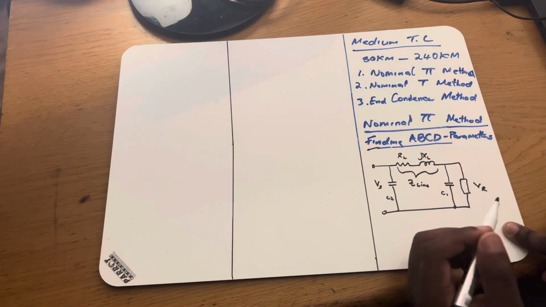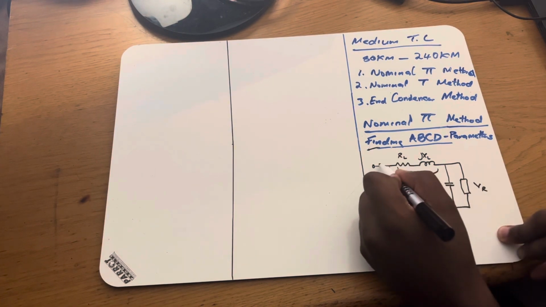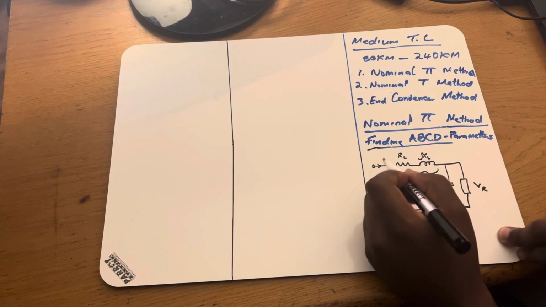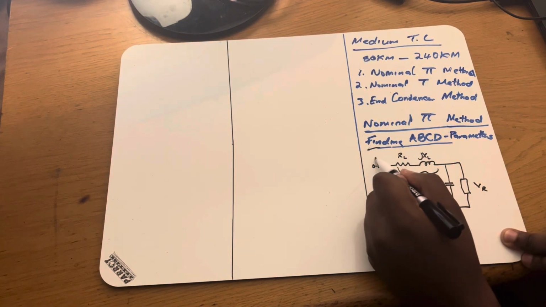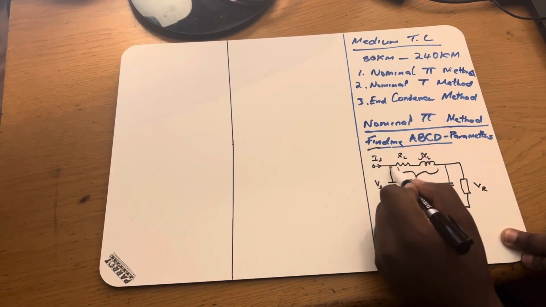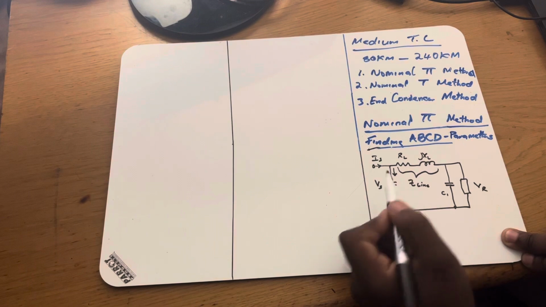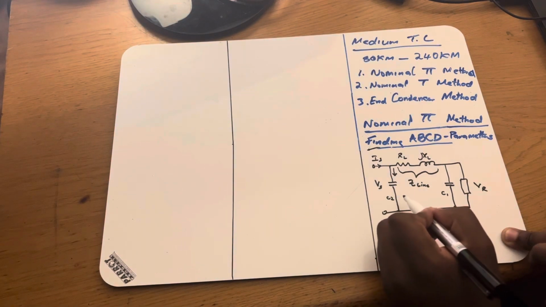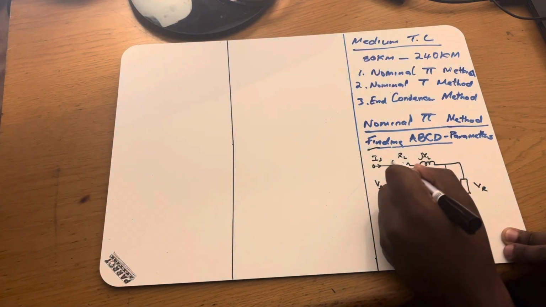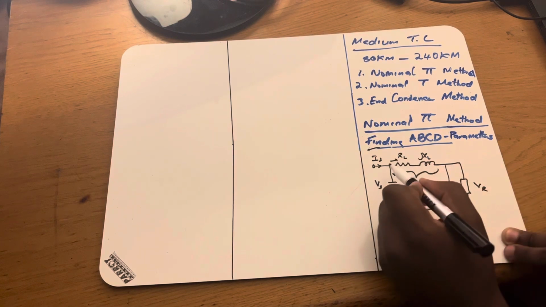Okay, current IS is coming in this direction. IS splits here. One goes to capacitor C2 and the other one goes straight to the line.